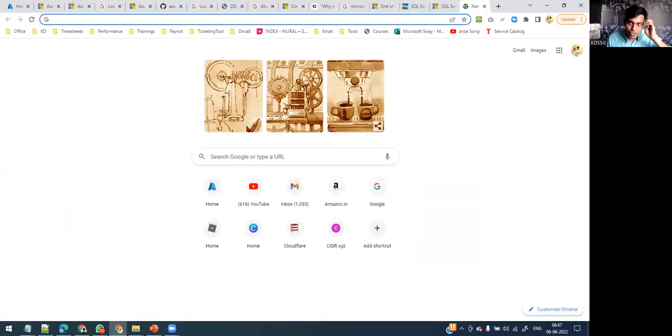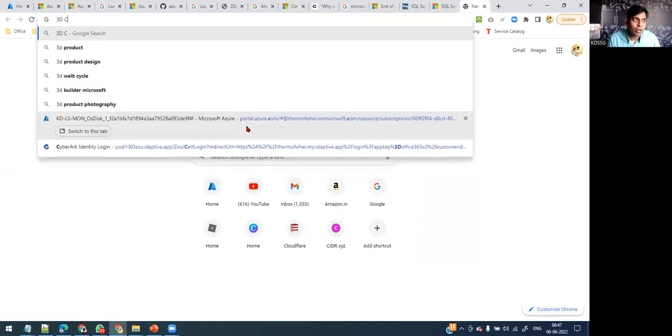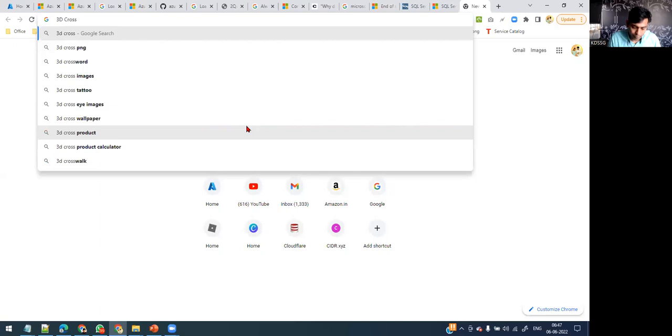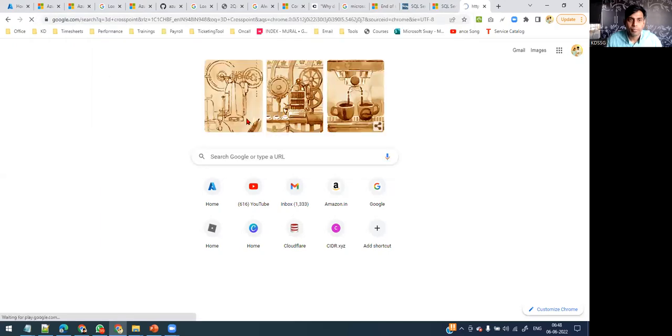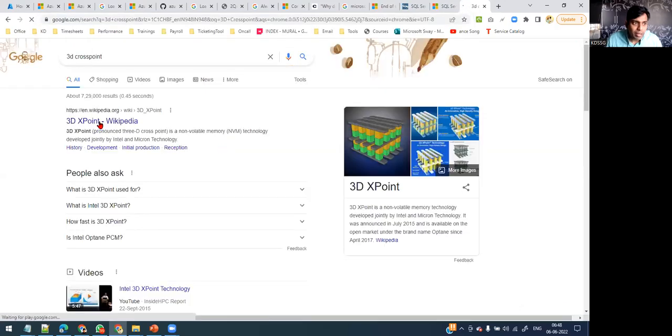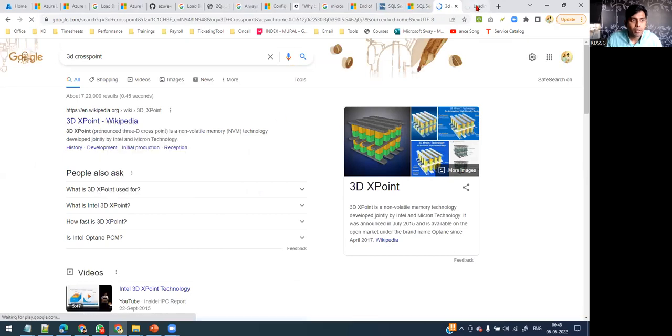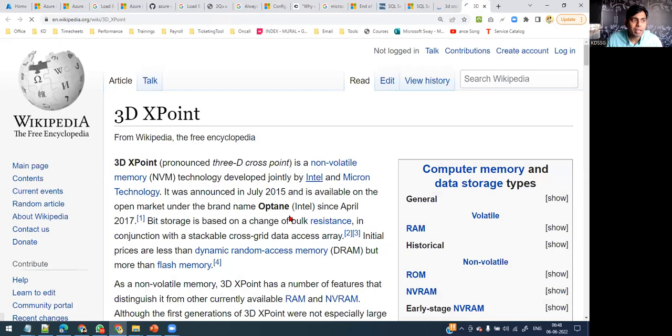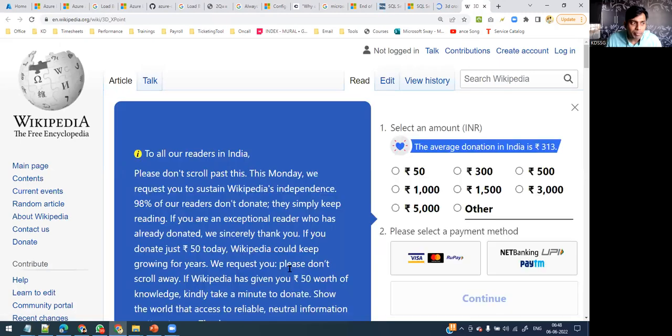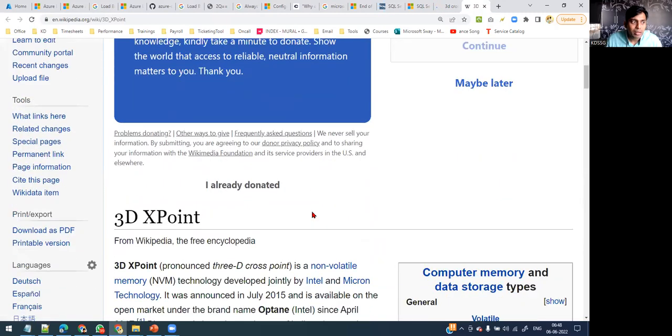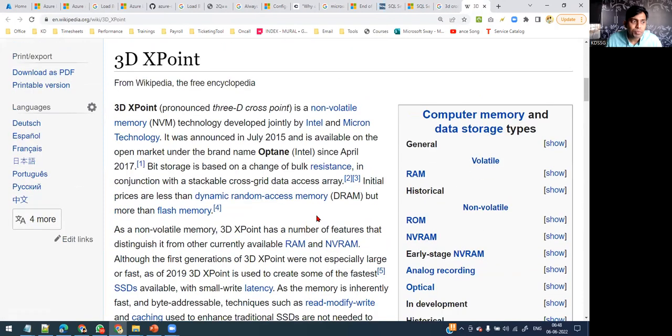The new technology that they are introducing, which is faster than SSD, is 3D crosspoint. So you will see a technology coming up with extreme speed, much faster than SSDs.